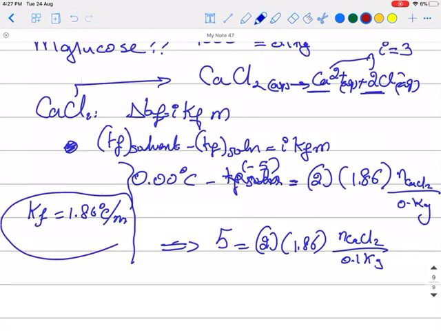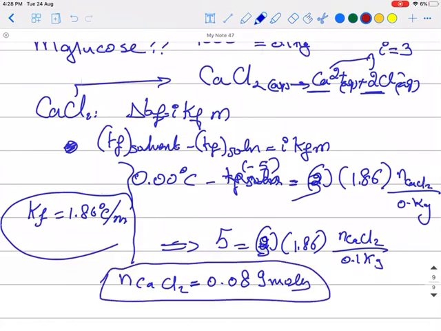Like this, I will be able to calculate the number of moles of calcium chloride. Sorry, here I just have to put i as 3. So it will be equal to 0.089 moles.